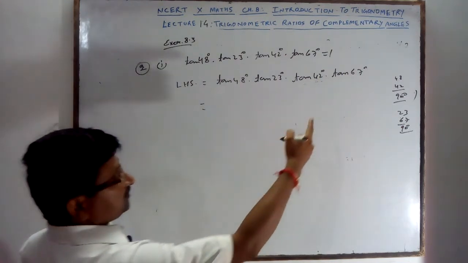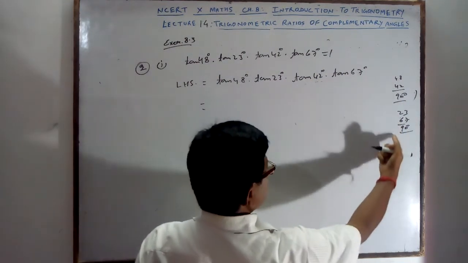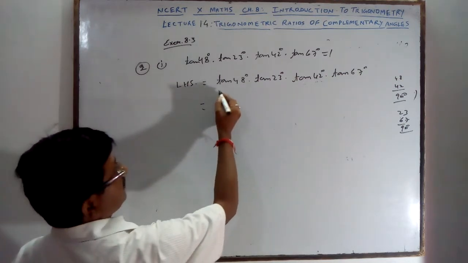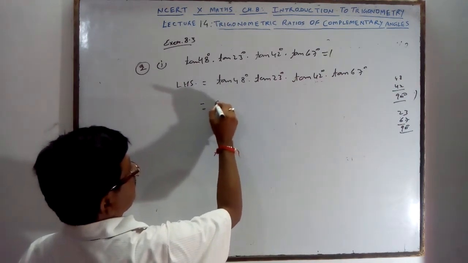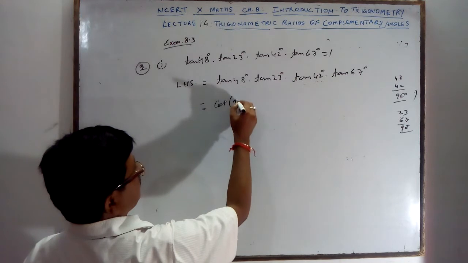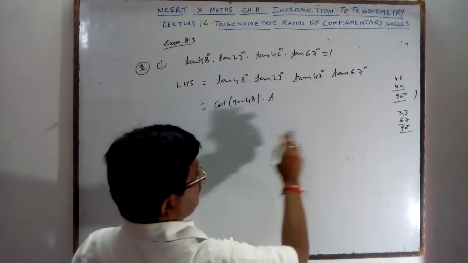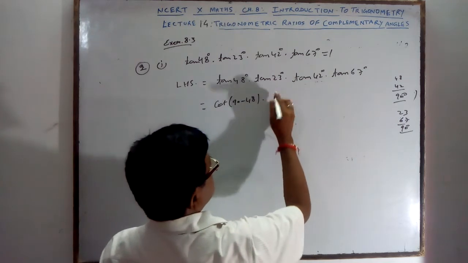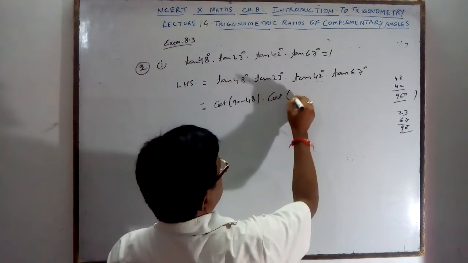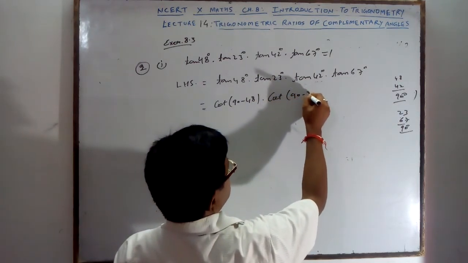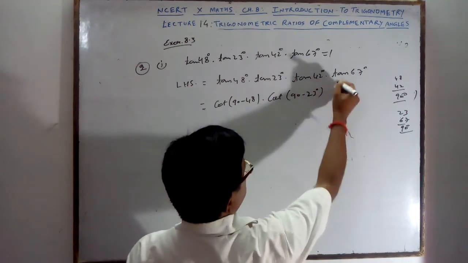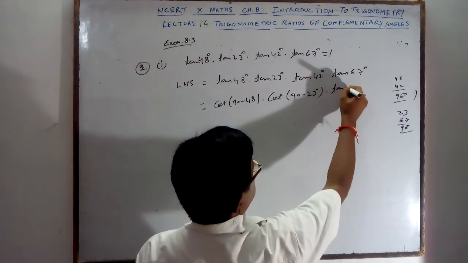Now, out of this any one will be changed. This is the rough. I am changing this tan. You can write cot 90 minus 48. Tan 23 now I am changing, writing cot 90 minus 23. But this you don't touch.